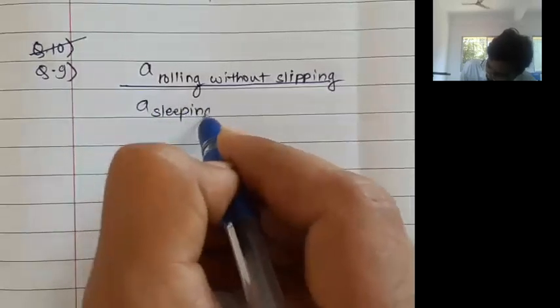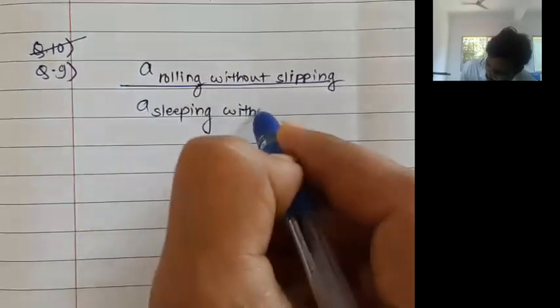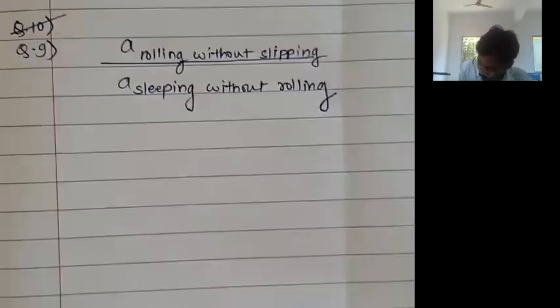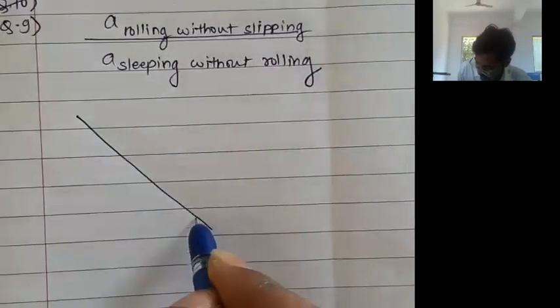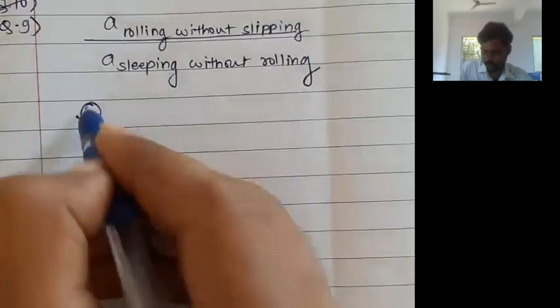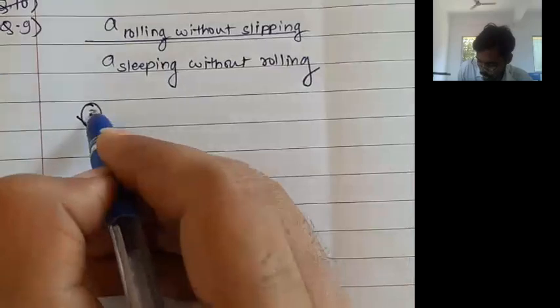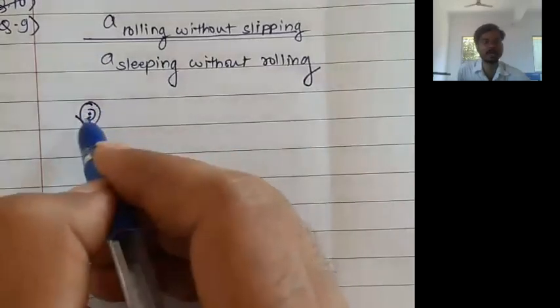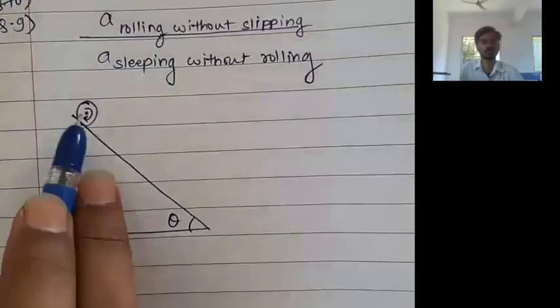So at angle theta, we have a sphere, the sphere will roll on this inclined plane, and the rotational motion will be about the diameter, about this axis which is coming out of the plane.